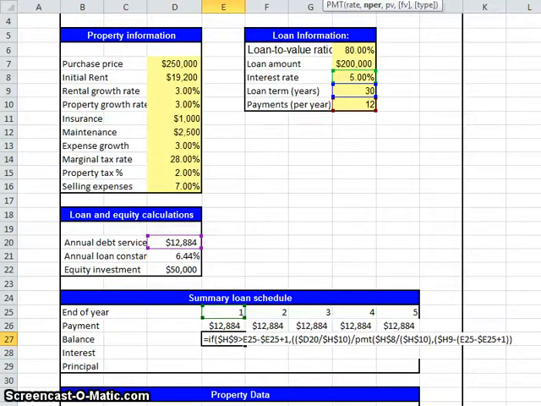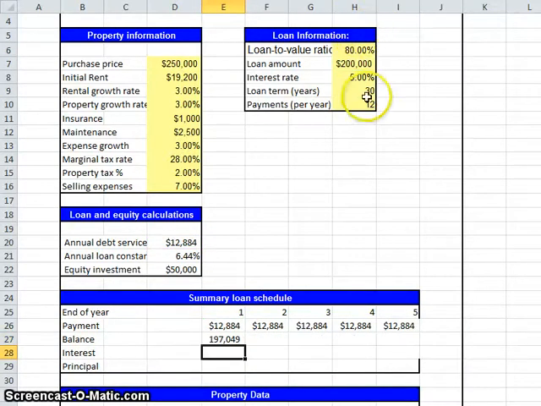That finishes off our bracket there. I'm going to take all of that multiplied by our payments, and that's going to be constant. And then -1. Finish off our brackets. And value if false is 0. And there we go. 197,049. I should be able to drag that across and get all of those for each year.